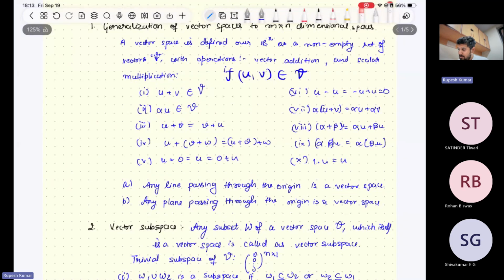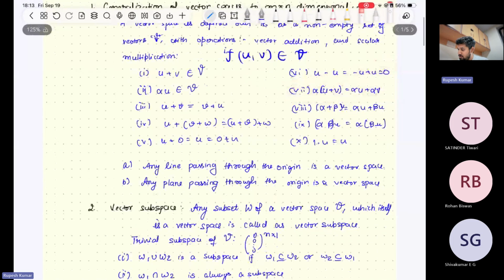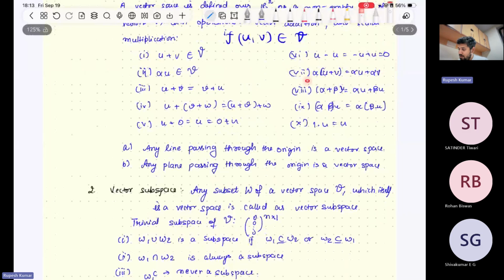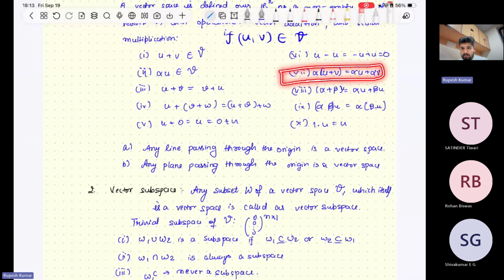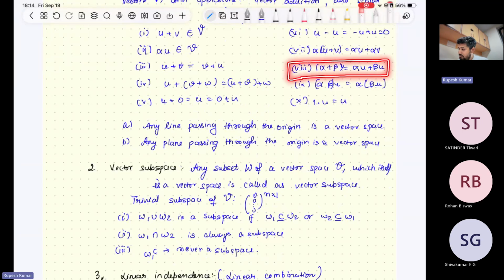Inverse also exists for vector addition, so u plus minus u is equal to zero. So an inverse exists. Then this is the distributive property for the scalar product with a vector sum. And again, this is another distributive property here.